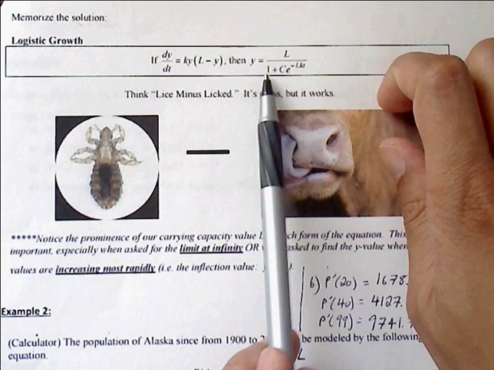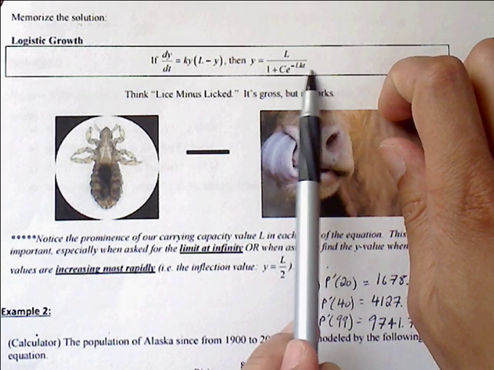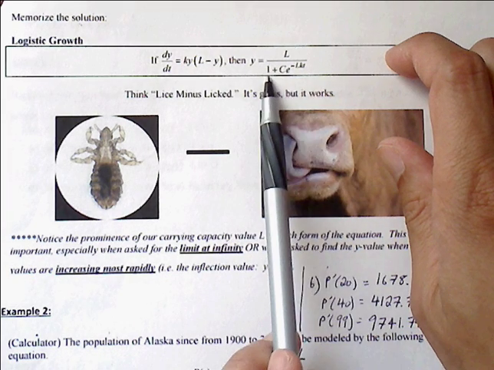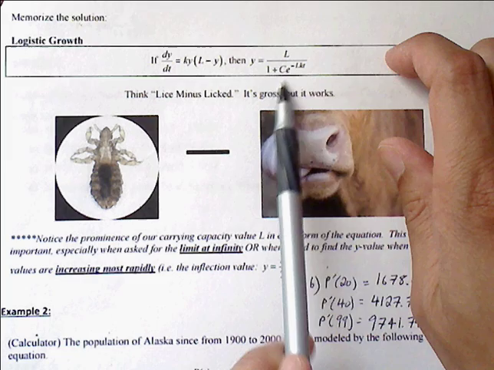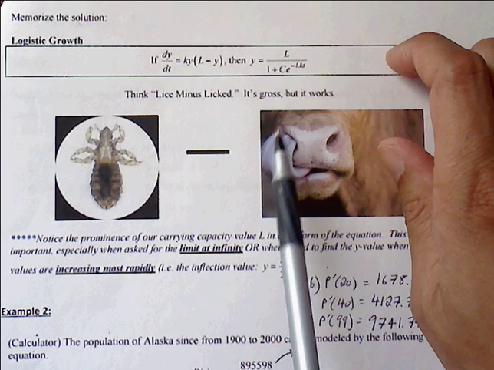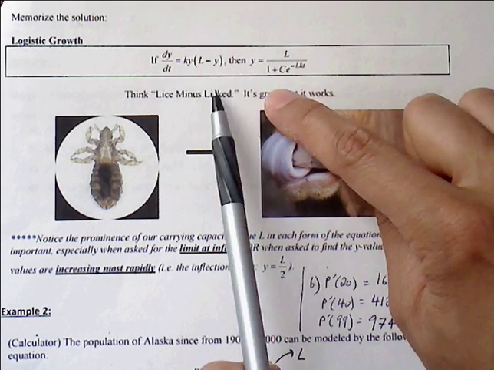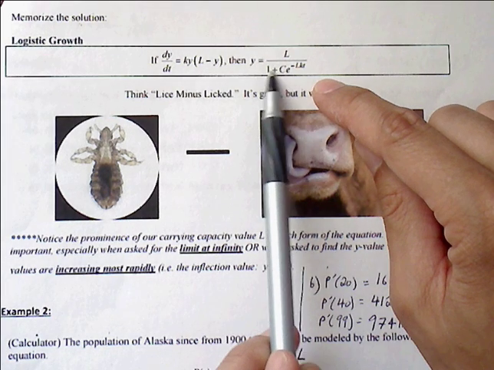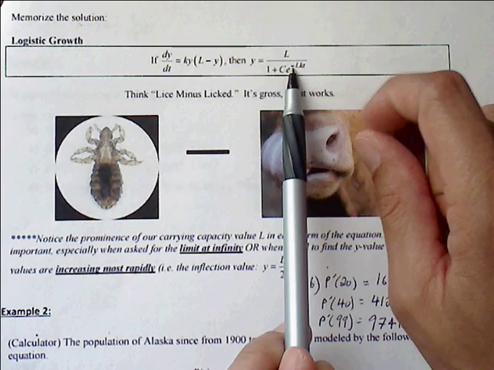So it's actually L over 1 plus CE to the negative LKT, but if you remember lice minus licht, that can help you recall where the L goes, where the K, and then there's a negative there. The only thing you have to remember that's not part of this formula here is that there's a plus here. So it's 1 plus. So L-I-C-E minus LKT.